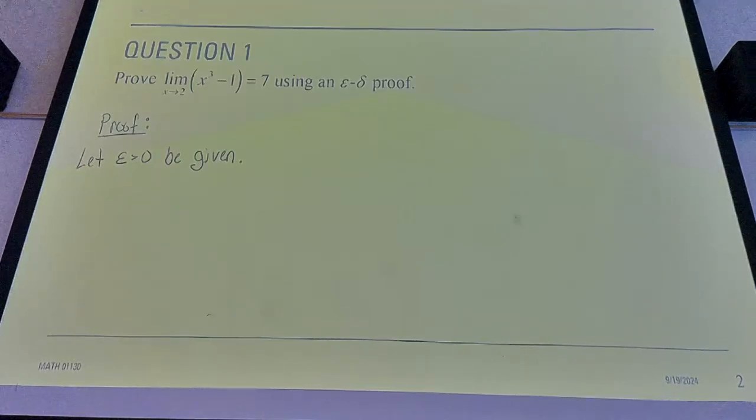So we assume epsilon greater than 0 is given to us. What do we want to show?